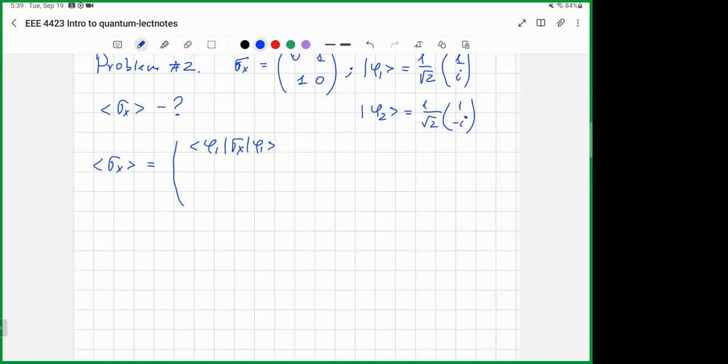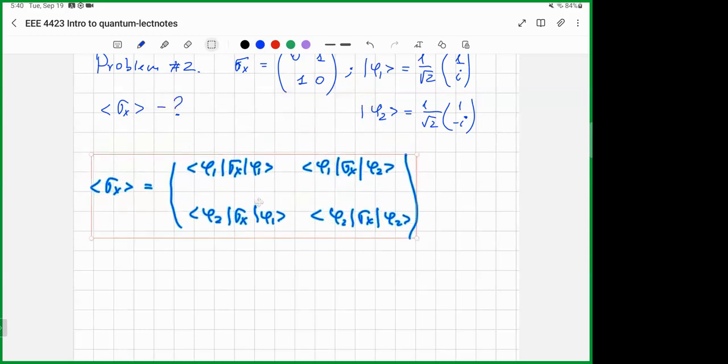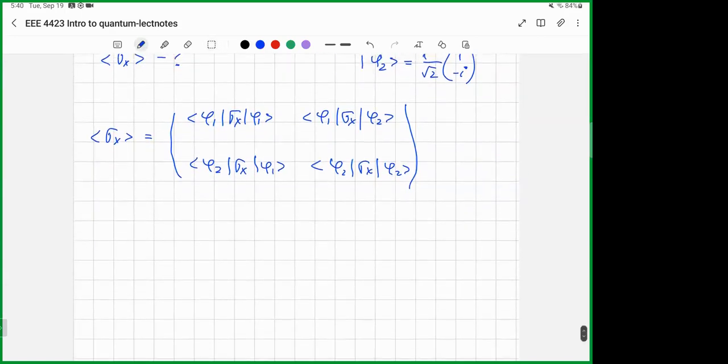I can take first state and second state. I can take second state and first state, and finally second and second. So it's a 2 by 2 matrix composed of all possible expectation values for these two states.